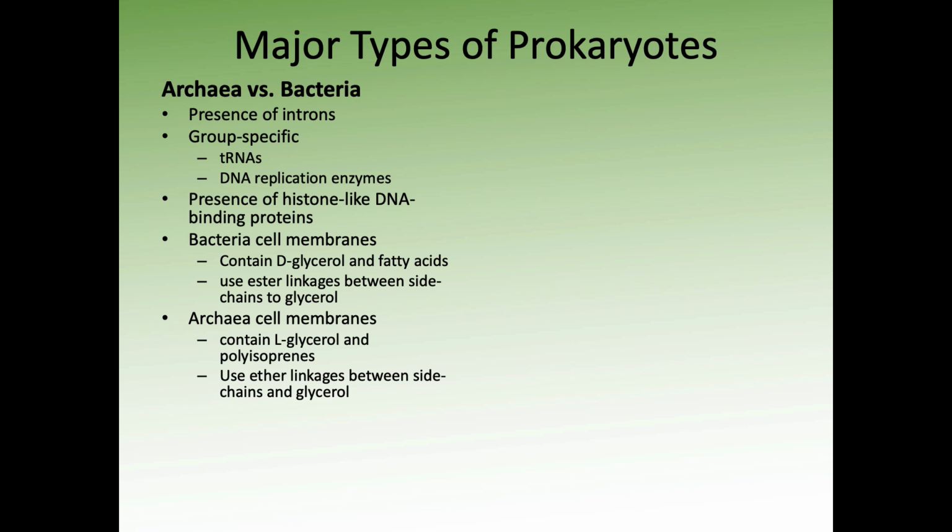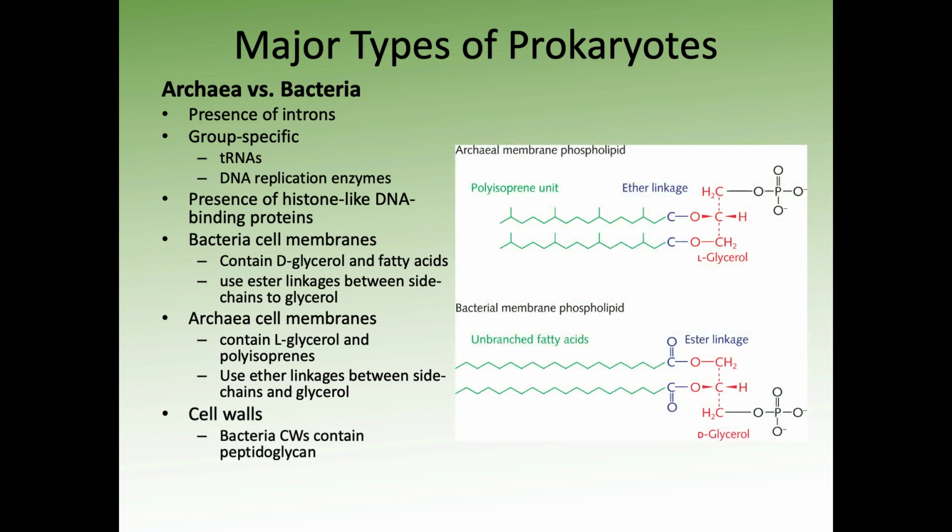And then if we look at their cellular membranes, we can see distinct differences between them, where the bacterial cellular membranes contain D-glycerol and fatty acids, whereas Archaea cellular membranes contain L-glycerol and polyisoprenes. And additionally, there are linkages between these side chains and glycerol, which are ether linkages shown over here in Archaea, and ester linkages here shown in bacteria.